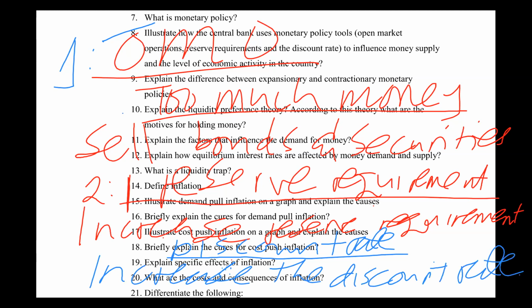When you increase the discount rate, the implication is that it becomes expensive for commercial banks to borrow money from the central bank. That implies commercial banks will not borrow money from the central bank, which means they will not have enough money to issue out as loans.